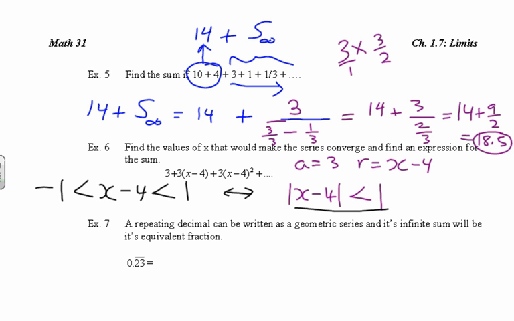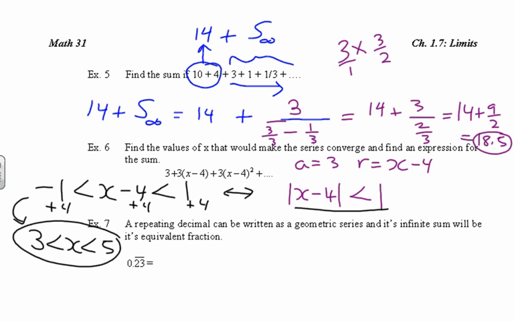If we add 4 here, and add 4 here, and add 4 here, what do we get? Exactly. So an inequality is a delicate balance, just like an equation. And when you have 2 inequalities in the same statement, you can add things to all 3 parts and still have the equivalent inequality.